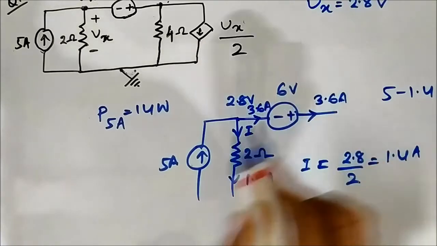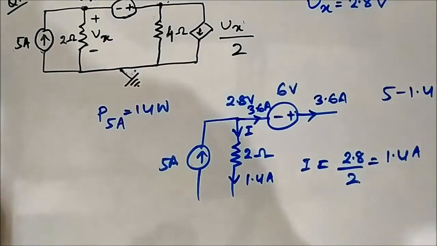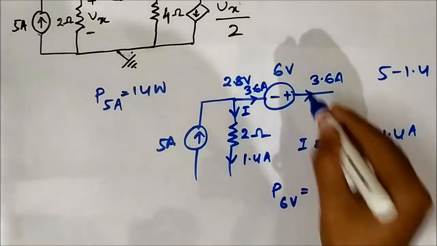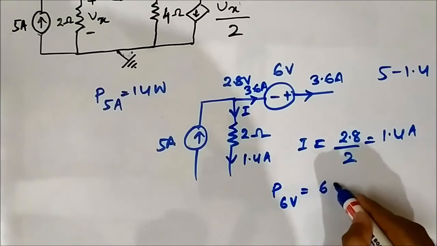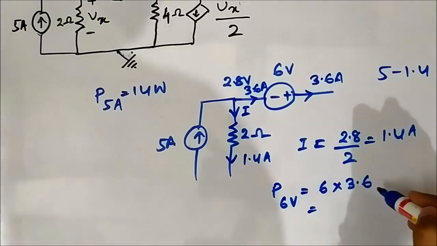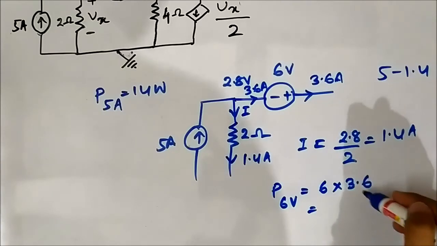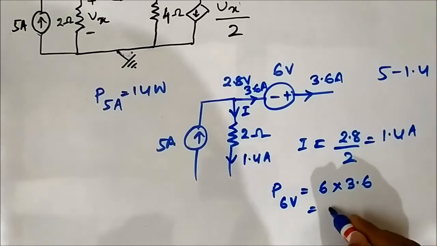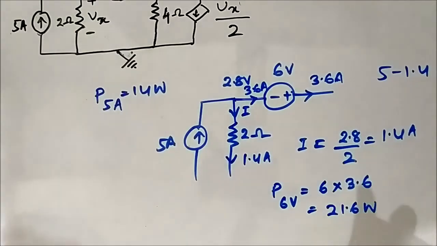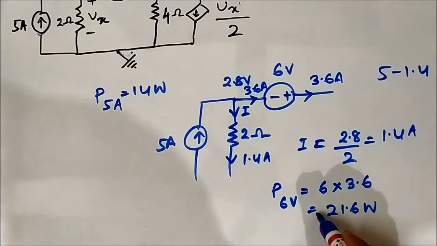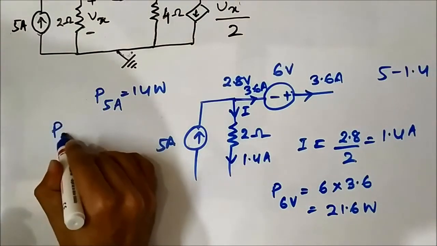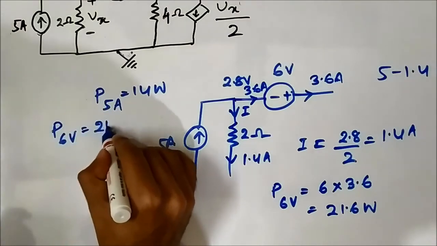It means the 6 volt is also supplying power. So the power by the 6 volt is equal to voltage into current, 6 into 3.6, which is equal to 21.6 watts. So P 6 volt is 21.6 watts.